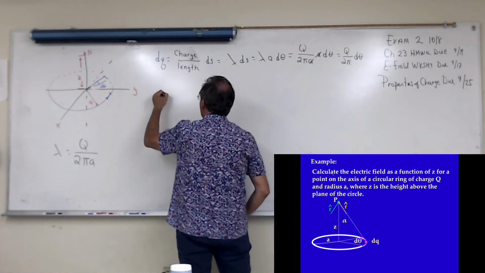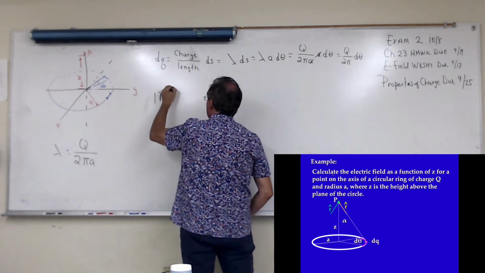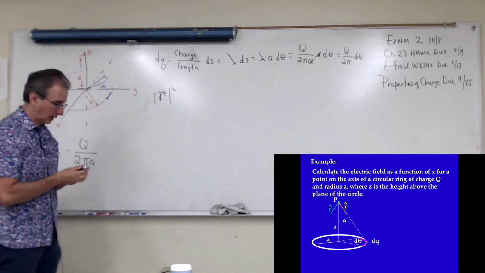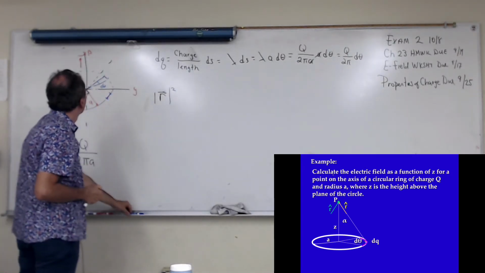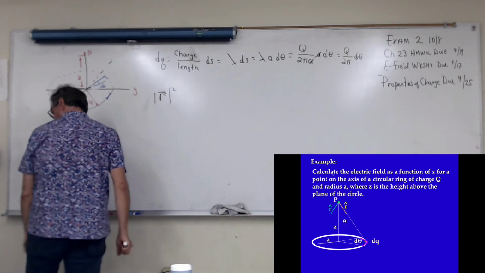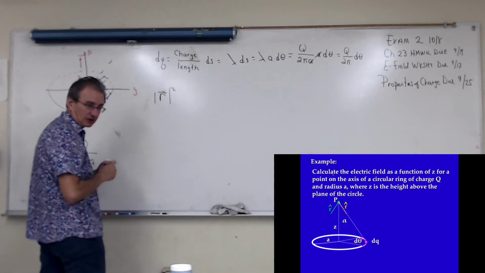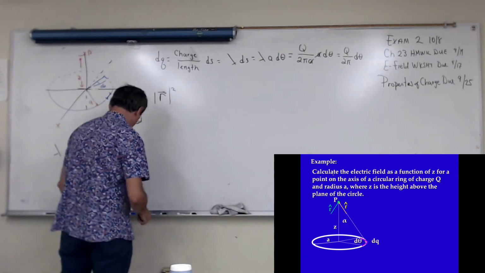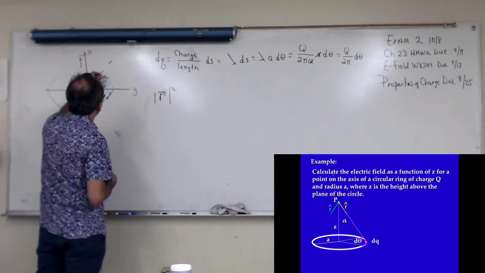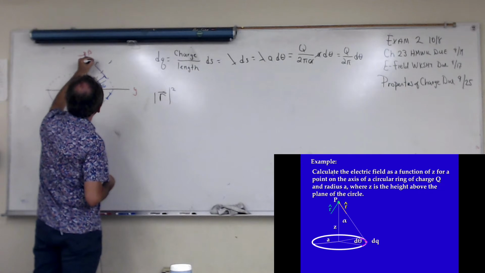Now what about r squared? The vector r is the vector that goes from here to here.